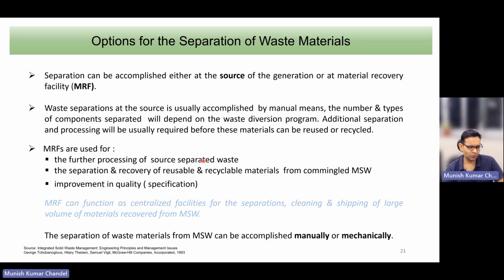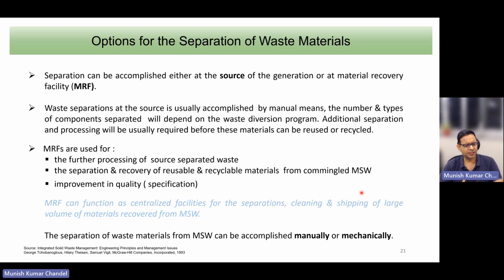So what happens is, once your waste, even if it is source separated, it still has many impurities. So it can be further processed in your MRFs, or MRFs can be used for separation and recovery of reusable and recycled materials from commingled MSW. Commingled MSW means you have got mixed waste.